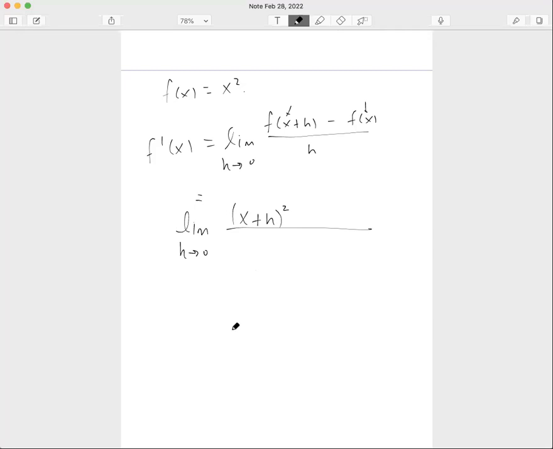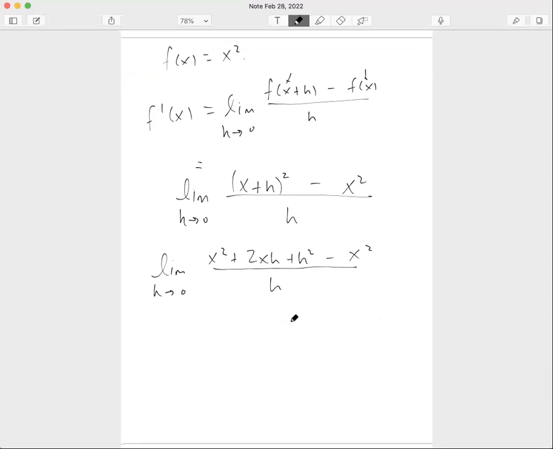You plug in the actual expression x plus h in the place of x. And then minus f of x, which is x squared. When you FOIL that out, it's x squared plus 2xh plus h squared minus x squared, all over h.